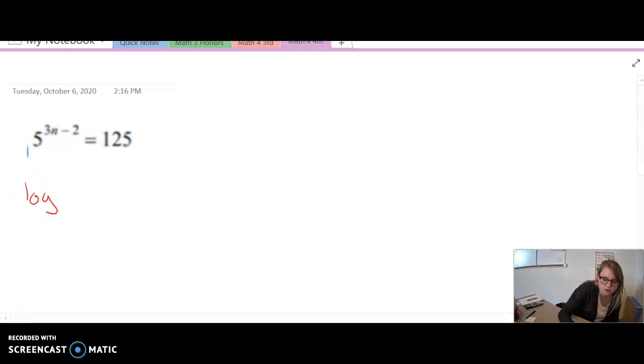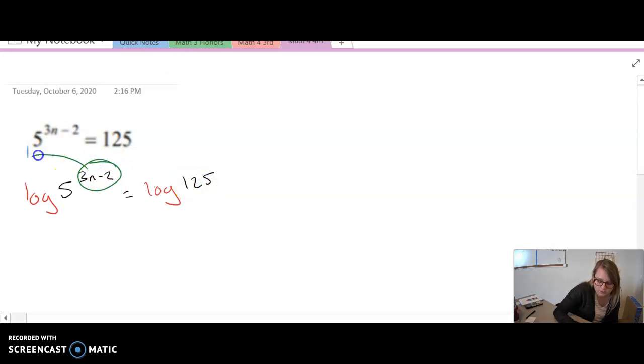So now we have log of 5 to 3n minus 2 equals the log of 125. Then we can take our exponent and make it a coefficient because of our log rules. So now we have 3n minus 2 times log of 5 equals the log of 125.